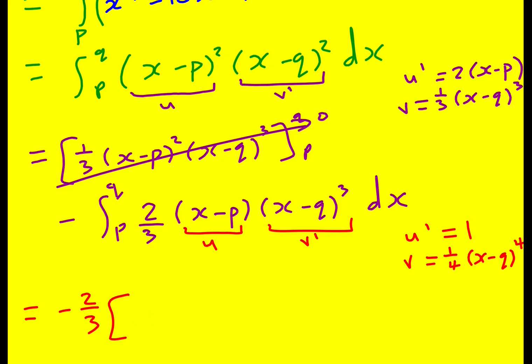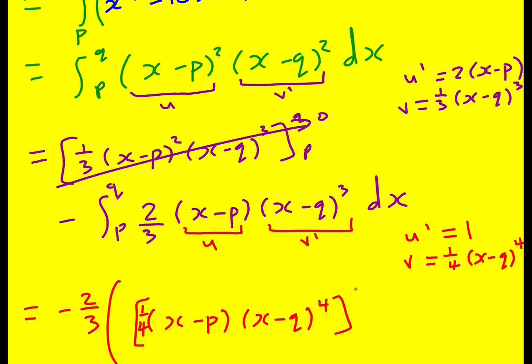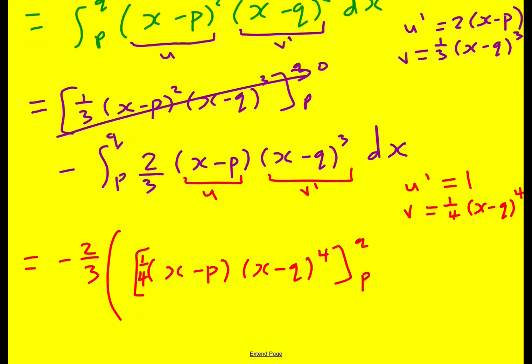And then it's going to be uv. I'm going to change this square bracket. So there's a square bracket here, uv evaluated at q, p, minus u prime v.